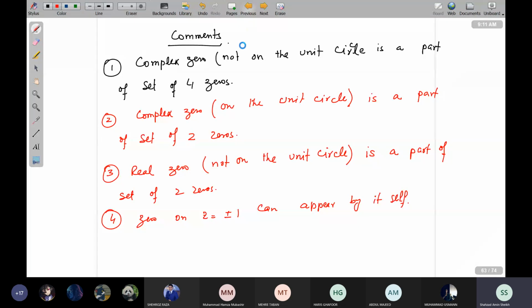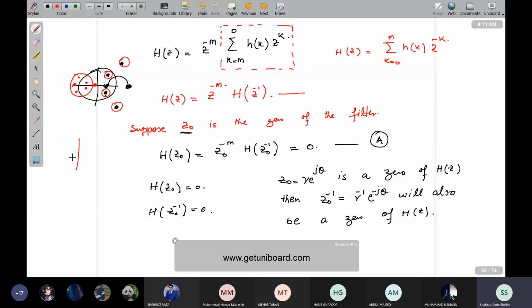Why? Because if you have a 0 at this location, z is equal to plus 1, 1 over this plus 1, that would be this thing. If 0 is located at this location, 1 over minus 1 will be at this location. So the 0 at plus minus 1 will appear by itself. ये कोई ग्रुप नहीं बना रहा होगा। तो 0 की लोकेशंस के बारे में क्लियर हो गई बात?